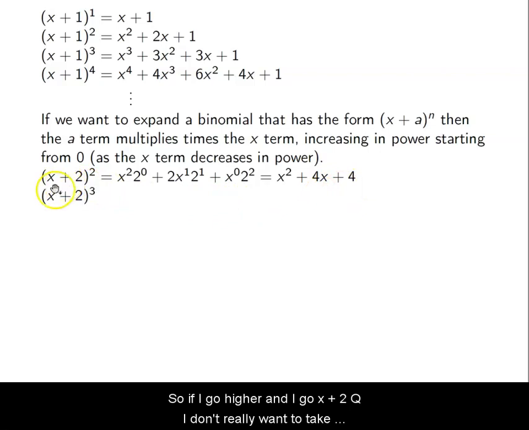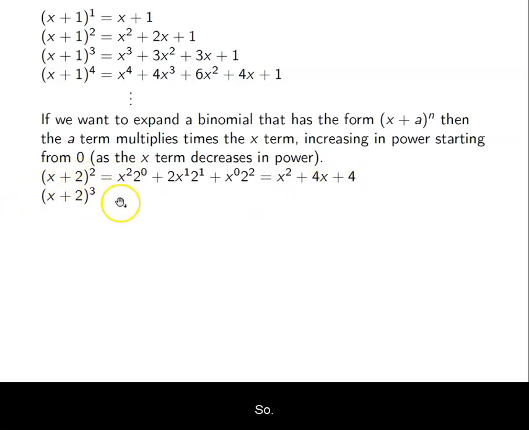So if I go higher and I go (x + 2) cubed, I don't really want to take this and multiply it times another (x + 2). I'll just follow the pattern. So I'm going to have 1, 3, 3, 1. That will be present. My x's are going to go x cubed, x squared, x, and then none. And my 2's are going to go 2 to the 0, 2 to the 1, 2 squared, 2 cubed. So again, 1, x cubed, 2 to the 0.